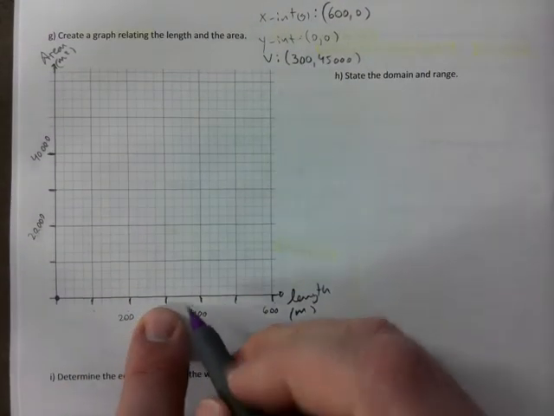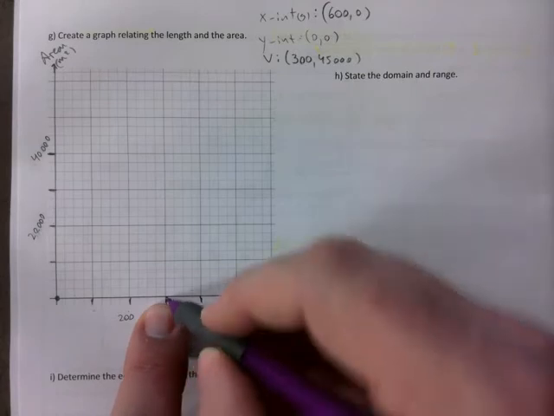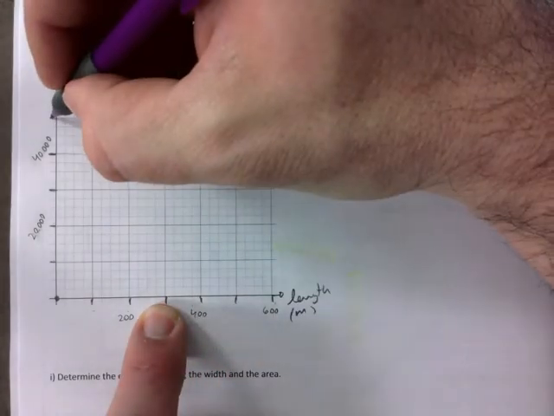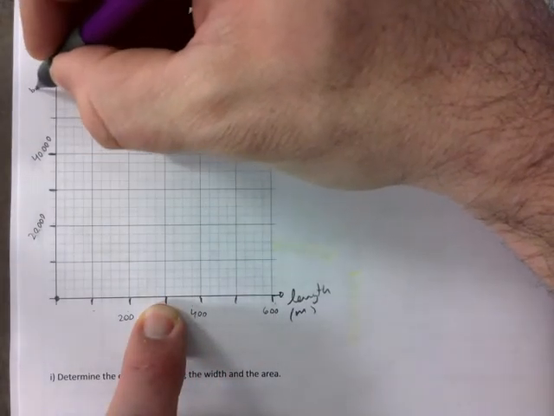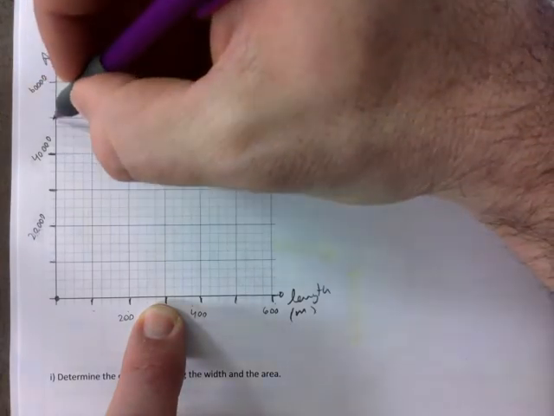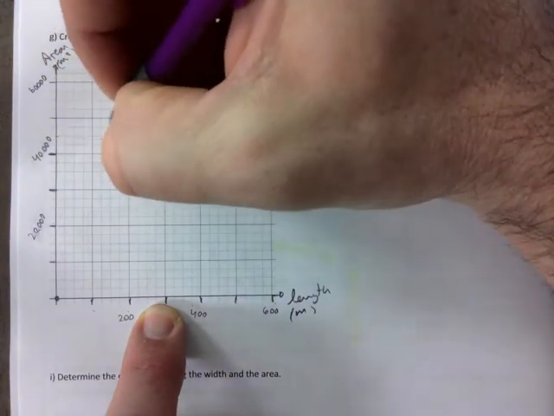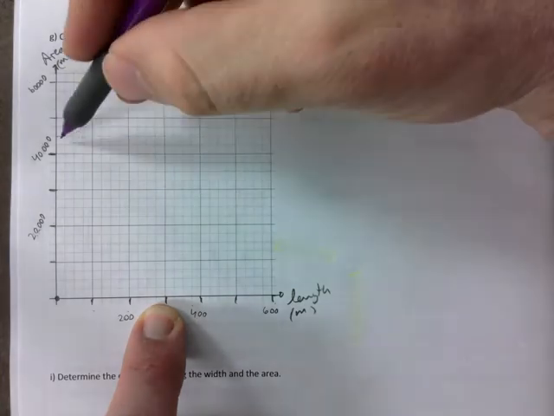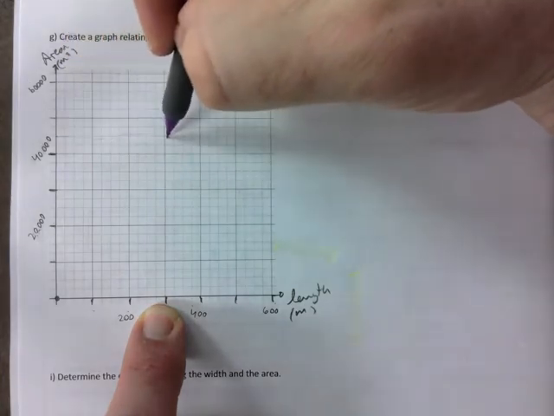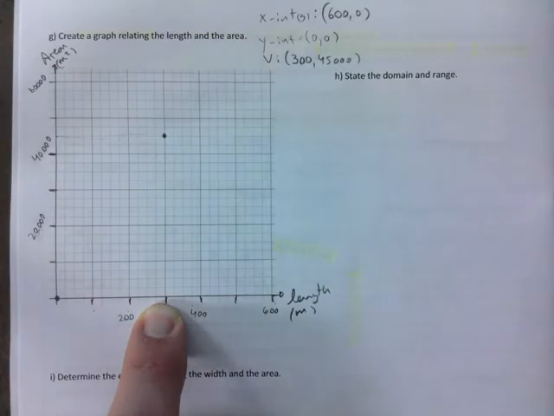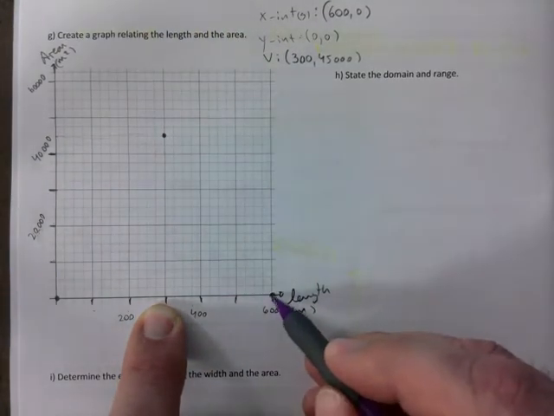So this is 300, 345,000. This is 50,000, so 45 is right there. And I'll match that. This should be exactly on the intersection there. And then 600, 0 here.